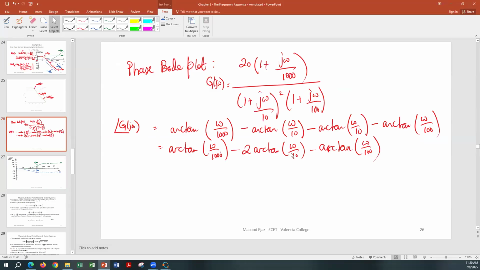At 10 it is 45, and at 100 and above it's going to be 90 degrees. Now you're multiplying that by 2, which means all of those angles are multiplied by 2. So your slope increases, instead of 45 degrees per decade, it increases to 90 degrees per decade, and the final value is going to go to 180 degrees instead of 90 degrees.